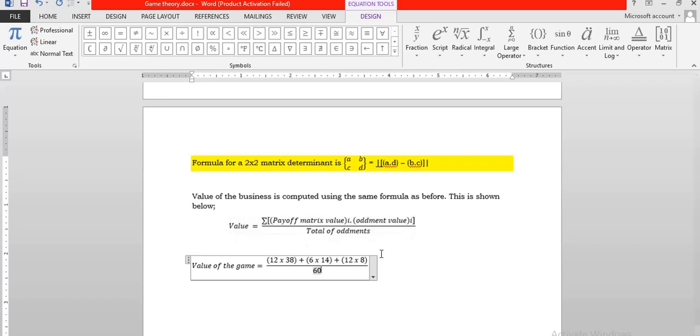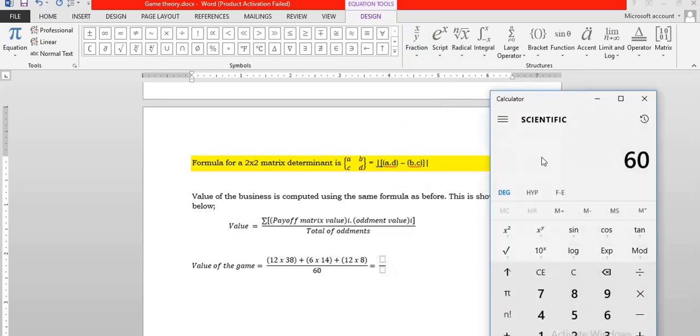Okay, now if you are to multiply this out, we shall say open brackets, 12 times 38, plus, open other brackets, 6 times 14, plus another bracket, 12 times 8, equals 636.